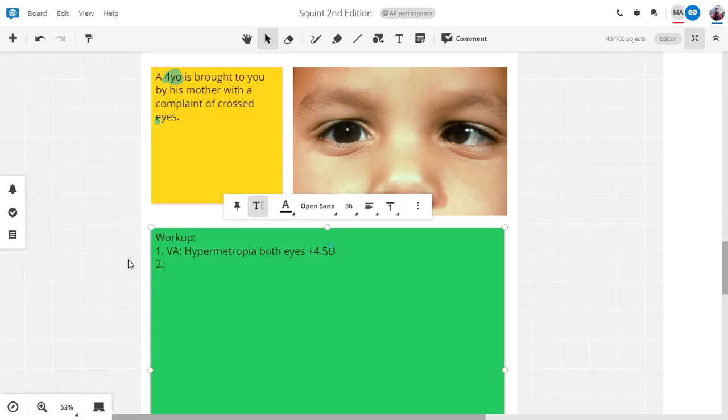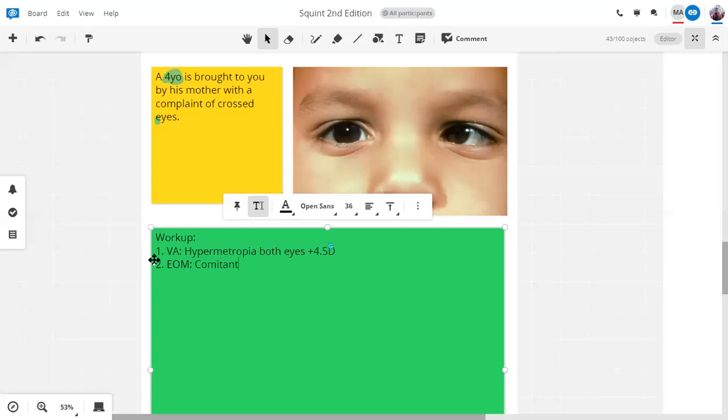What's the second thing you want to do? क्या आप करना चाहेंगे? Extraocular movement. Extraocular movements, EOM. When you do the extraocular movements, you find out that, all right, eye movements committed है.